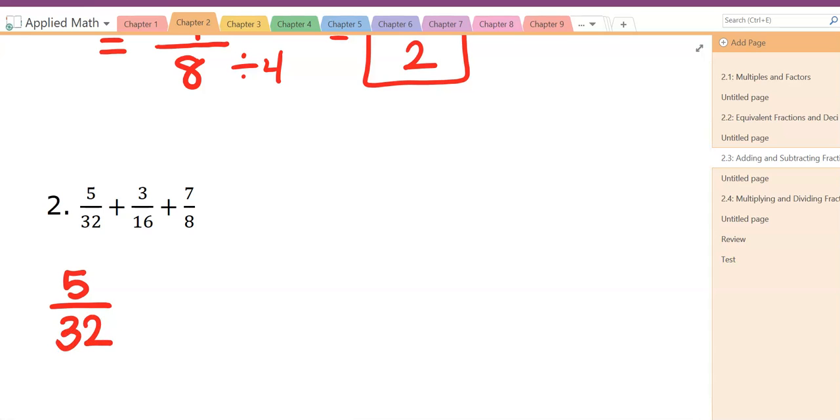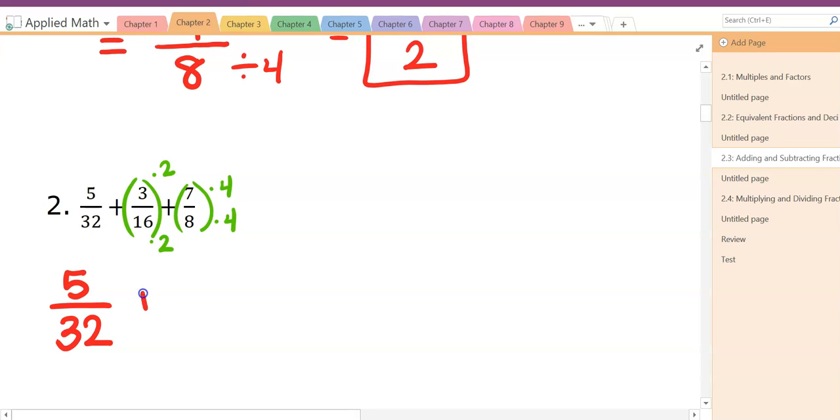Now what are you guys going to take times the middle fraction to get the bottom? 2. How about the last one? Make sure you do that to the top and to the bottom. So the second fraction is now going to say 6 over 32. And then the last one is going to say 28 over 32.